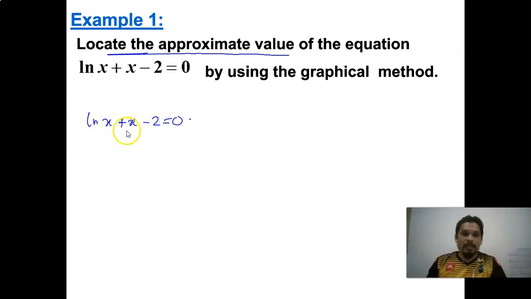My idea: let's bring this to the other side. Natural log of x equal to 2 minus x.